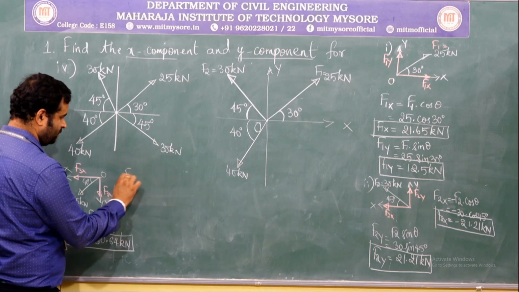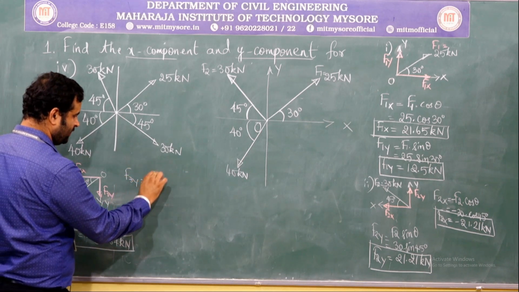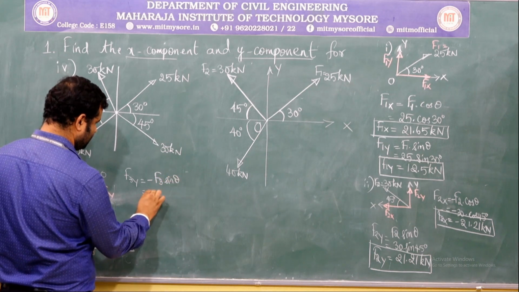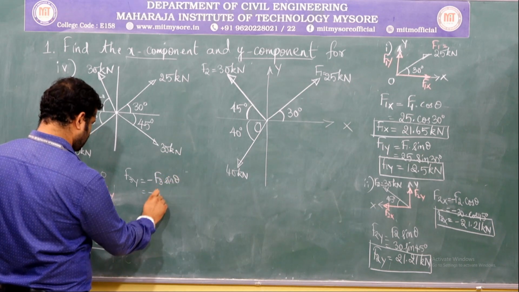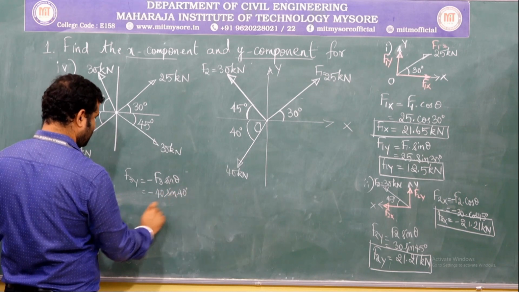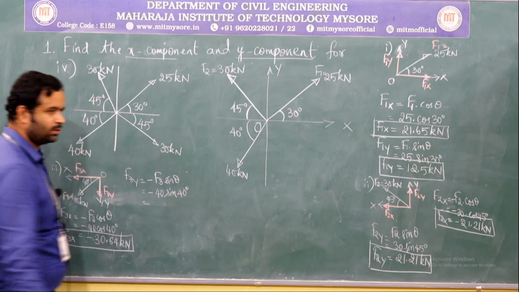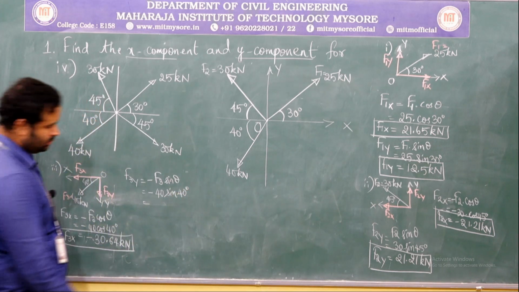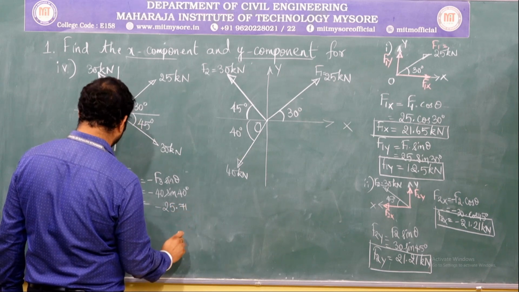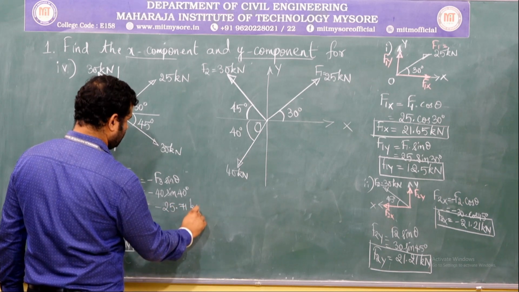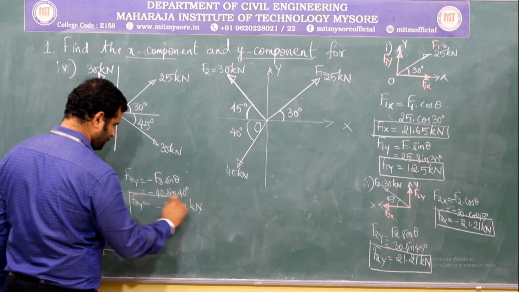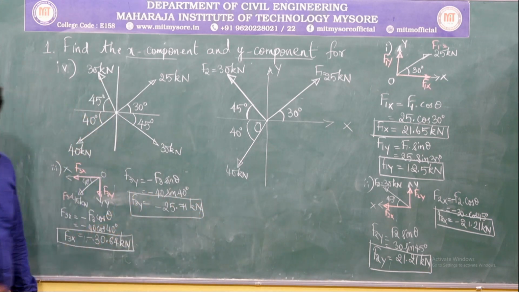What about its y component? F3y is equal to minus F3 sin theta, which is nothing but minus 40 sin 40 degrees, which is equal to minus 25.71 kilonewton. This is the value of F3y.